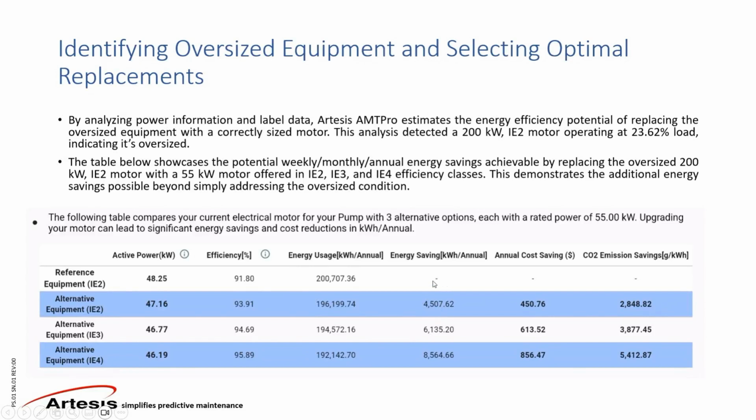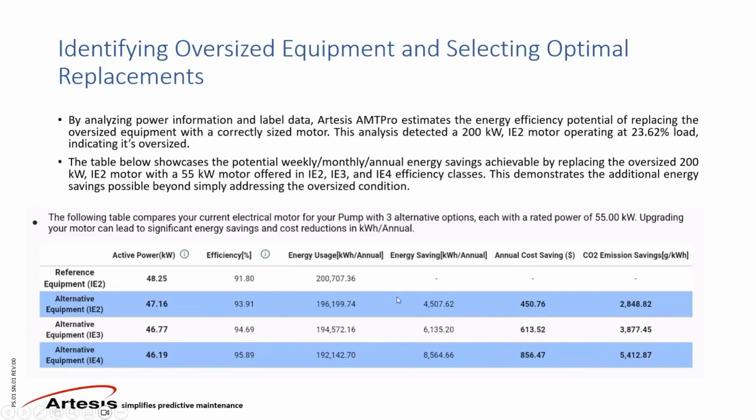This is given to you here, and the cost savings are here as well. This is $450 per year saving. And if you go to a higher efficiency motor, you can see that these numbers will be provided. So the system will basically tell you everything you need without making so many calculations.